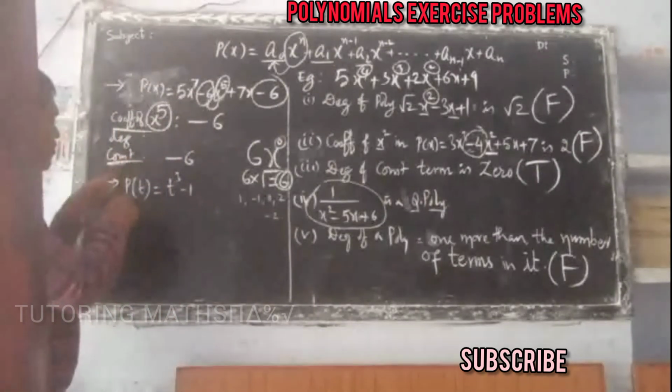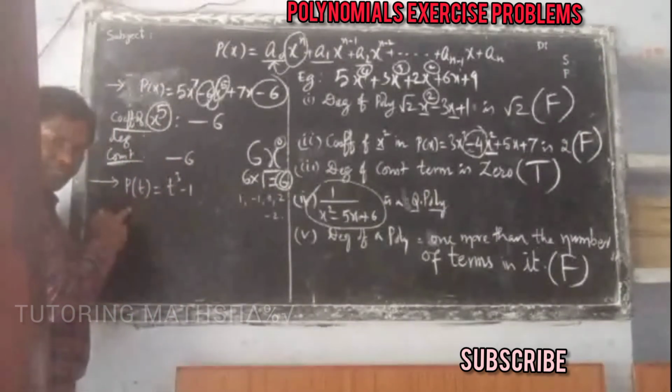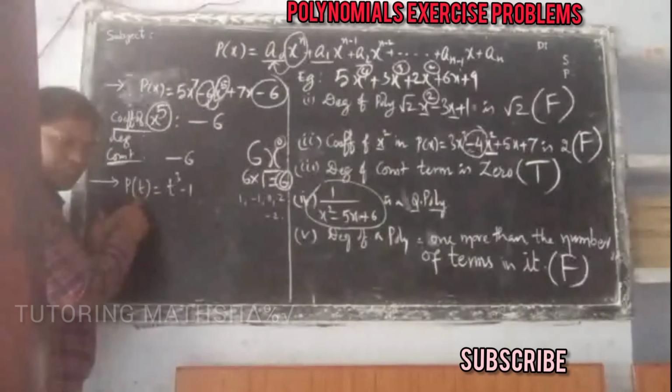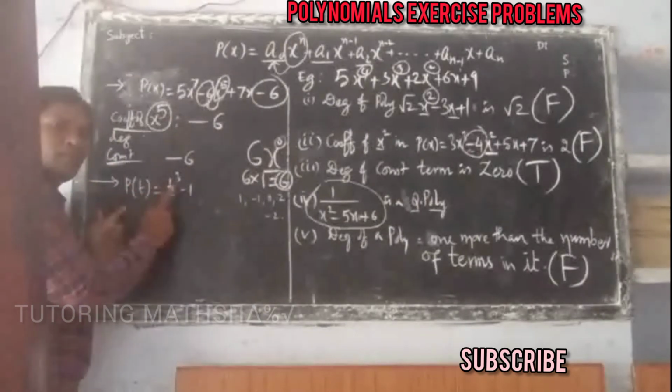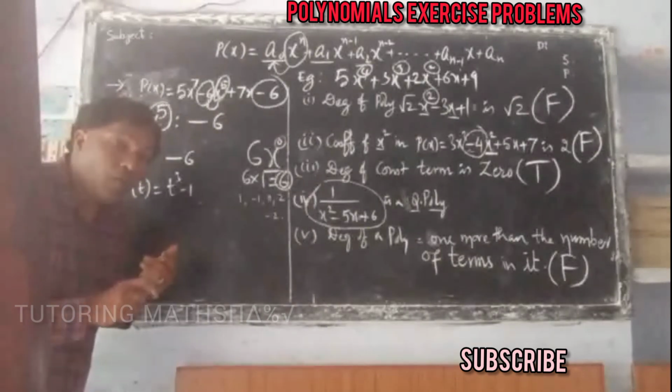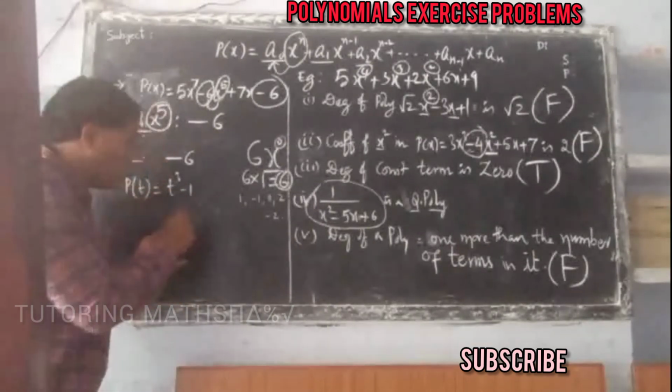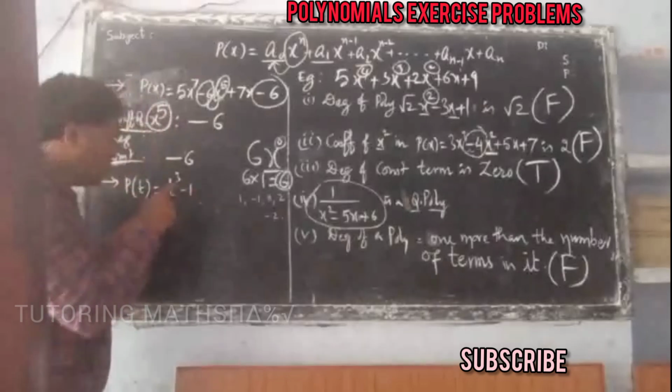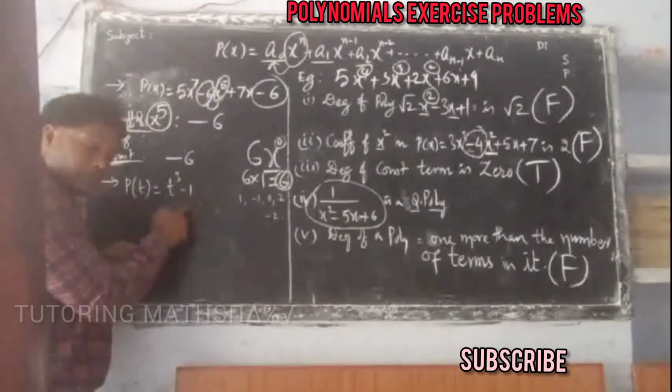And let's come to one more concept. Here we have a polynomial in t terms. So p of t is a polynomial t cube minus 1. Now we have to find the value of t cube minus 1.